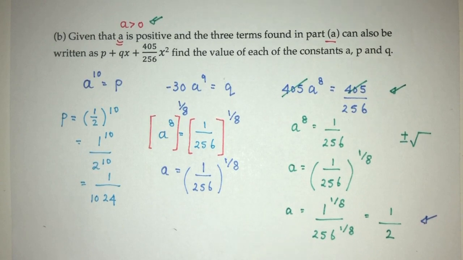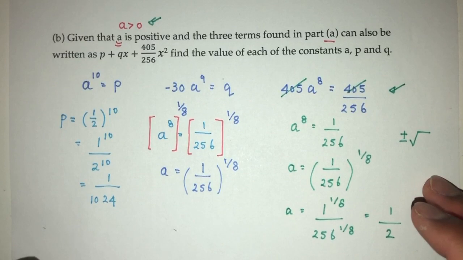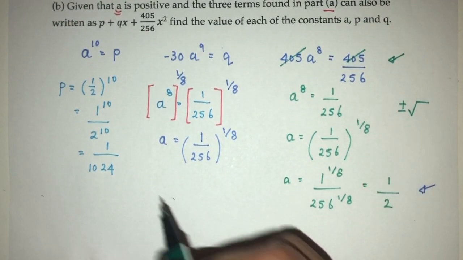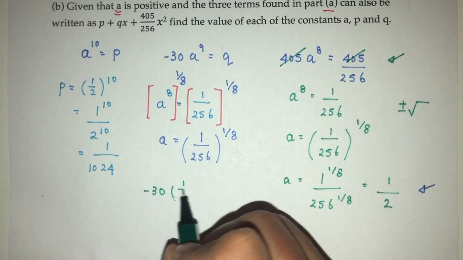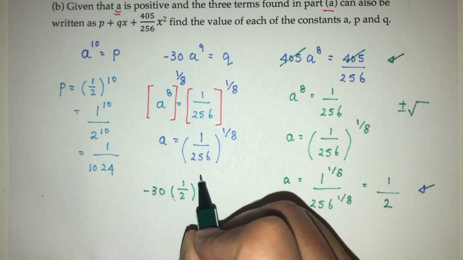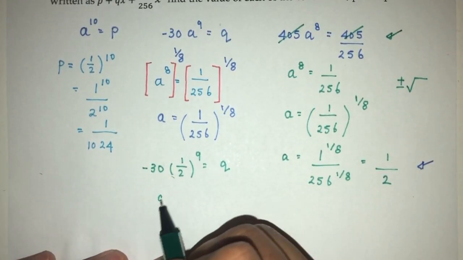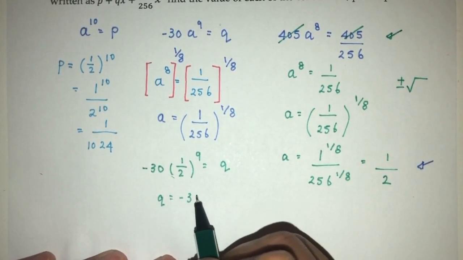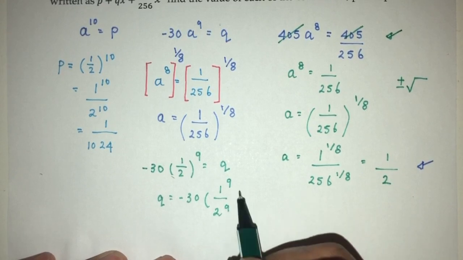Now let's find the value of Q. As you can see, there are a few minus values. So we have minus 30 times 1 over 2 power 9 equal to the value of Q. Now simplify. Q has to be minus 30 times 1 power 9 over 2 power 9.